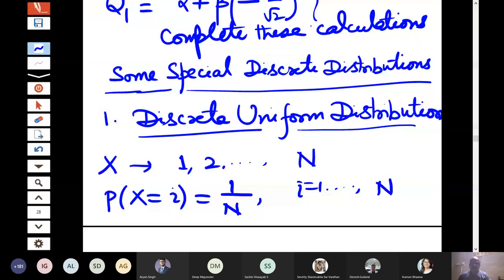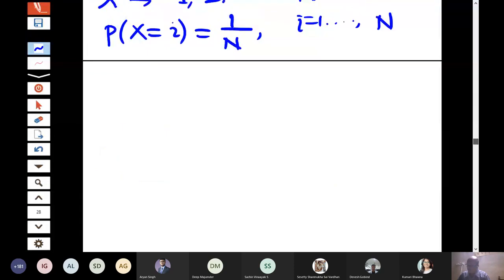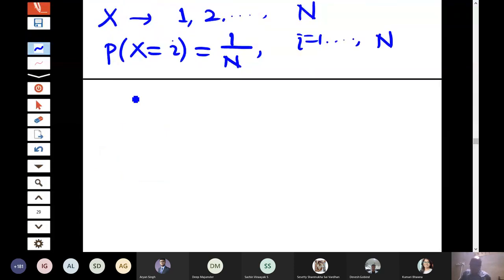This kind of situation of course started from the classical games where we were considering coin tossing, dice throwing, and so on, where you have the fairness assumption included. That means a fair dice or fair coin and so on, so you give equal probability. This is the simplest example of a distribution, and the mean, variance and all those things you can easily calculate. So what is the mean of this distribution?